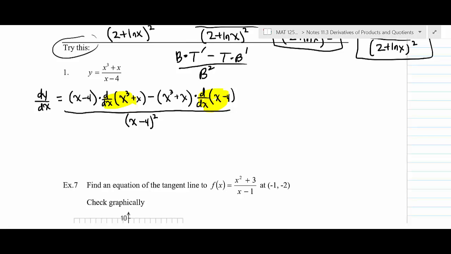Okay, so the setup, just get it set up in your quotient rule formula.